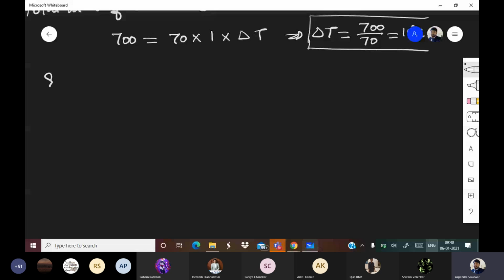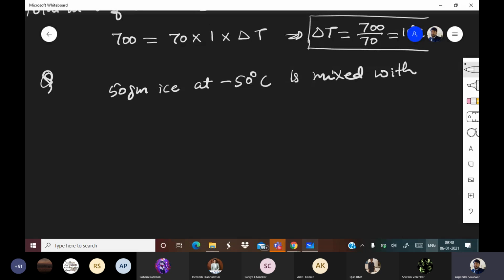Question. 50 gram ice at minus 50 degrees Celsius is mixed with 20 gram steam at 120 degrees Celsius.